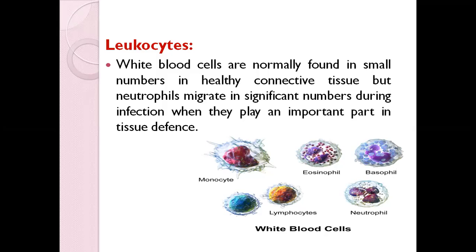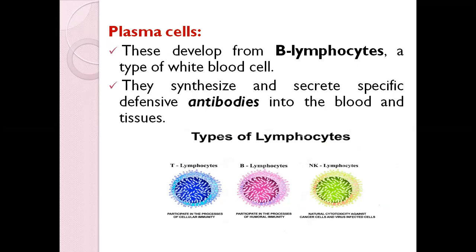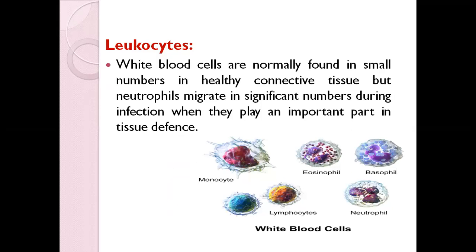Okay. So the next type of cell is called the plasma cells. These plasma cells are mainly developed from the B lymphocytes. Sorry, in the division of white blood cells, the lymphocyte is also there. I forgot to mention.